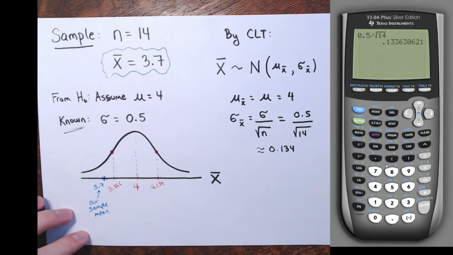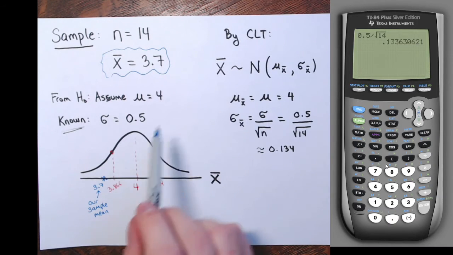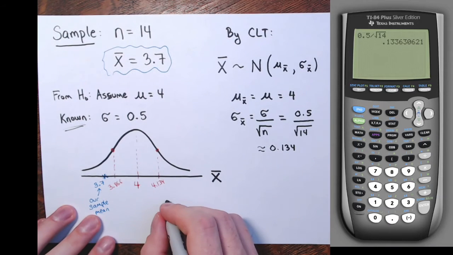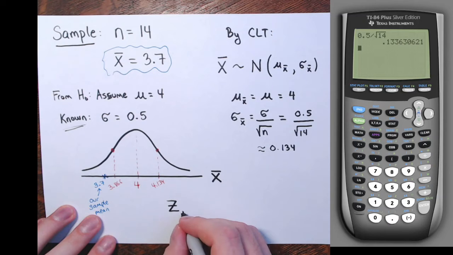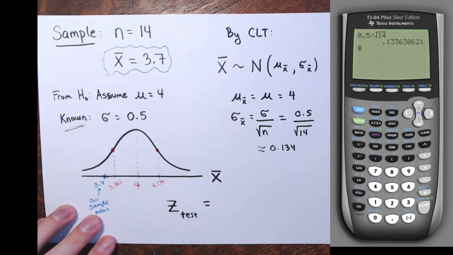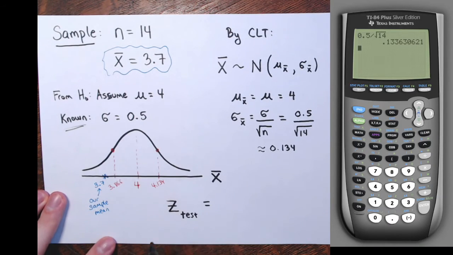All right, and then the question becomes, what's the z-score? This is a normal distribution, so when we talk about how many standard deviations away from the mean it is, that's a z-score, and that's what our test statistic is. So, z-test. The test statistic is just the z-score of 3.7 in this distribution.